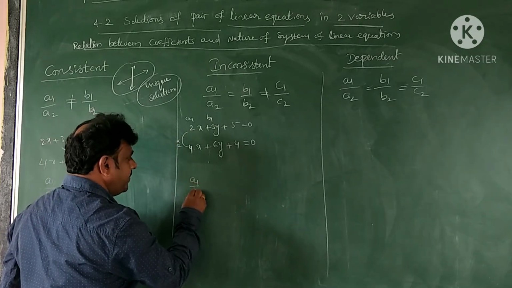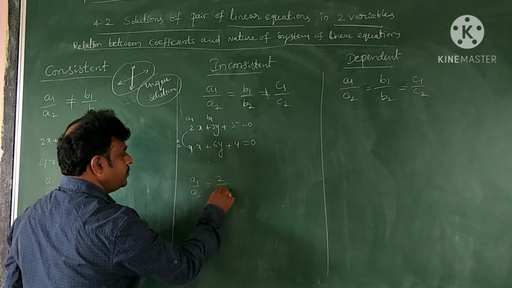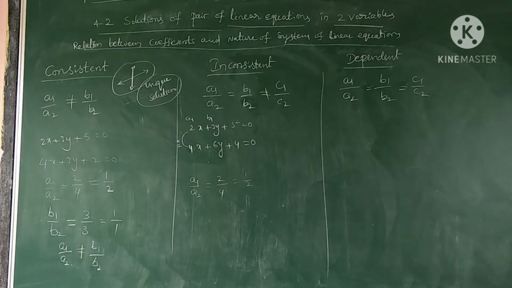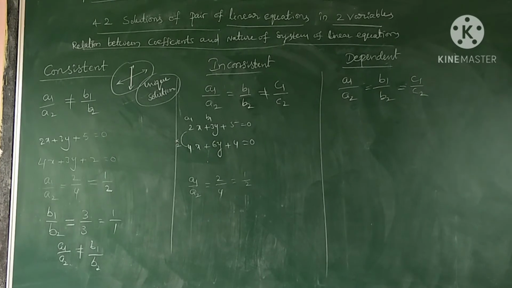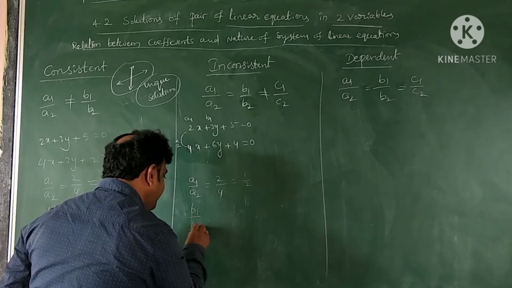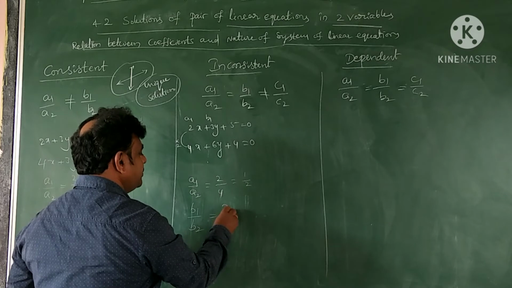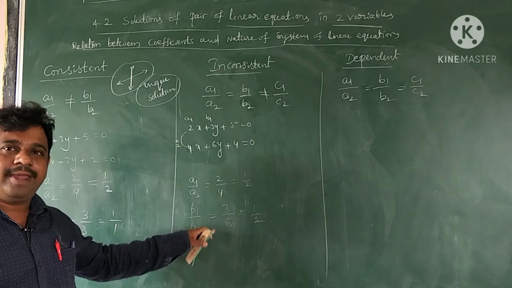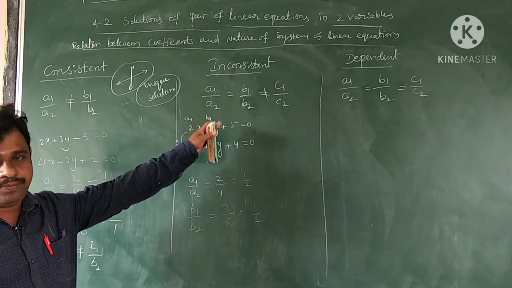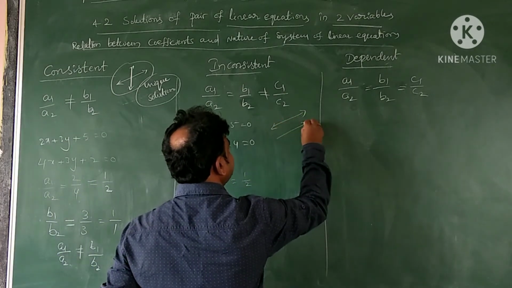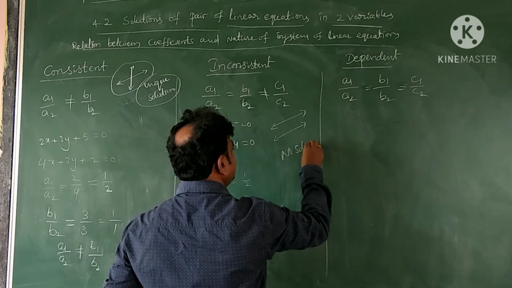Then a1 by a2 is 2 by 4, which is 1 by 2, and b1 by b2 is 3 by 6, which is also 1 by 2. So this pair represents an inconsistent pair of linear equations. They represent parallel lines. It has no solution.